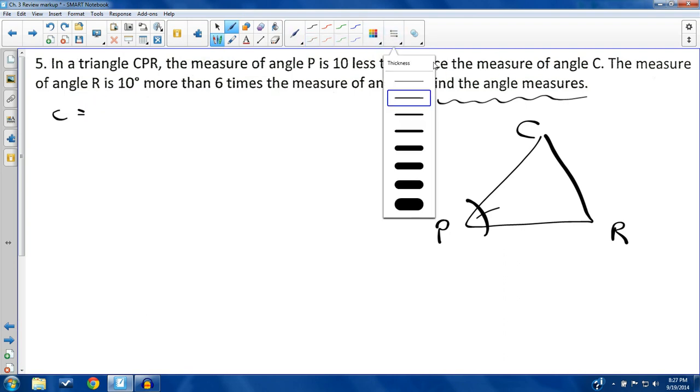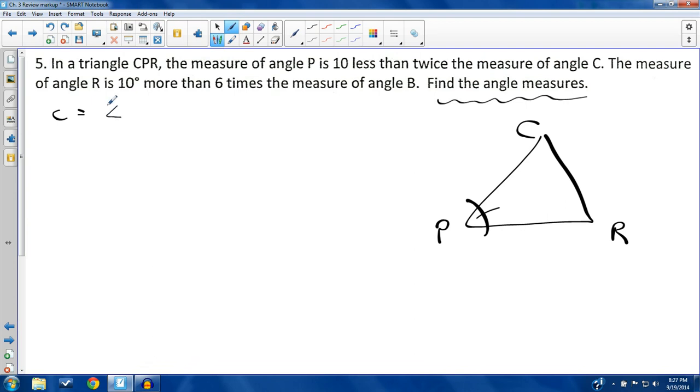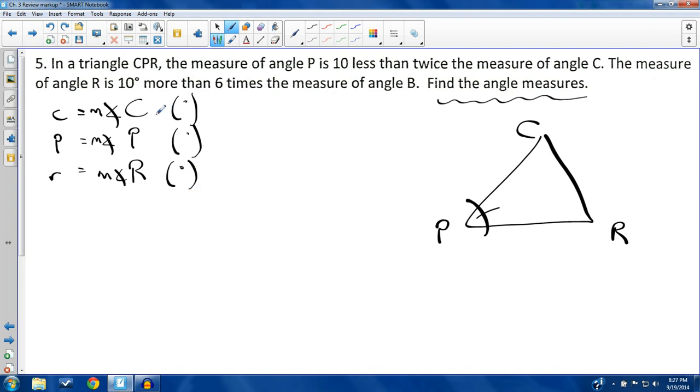We know that these are measured as angle C. C is measure of angle C, that's in degrees. P is measure of angle P in degrees. I should say measure of. And R, notice I'm using lowercase letters, measure of angle R in degrees. Okay, those are the variables defined. The triangle CPR, all right, here we go.